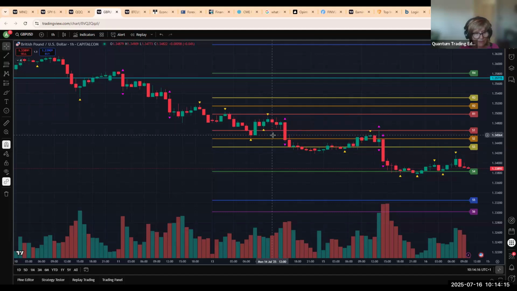Because understanding congestion zones, recognizing congestion zones, is just so important. They appear in distribution, they appear in accumulation, and then you look at what the volume is doing. But in this session, I really just want to look at it from the perspective of what the price action is doing and what it is telling us, what it is anticipating in the session ahead. Well, this is Monday.